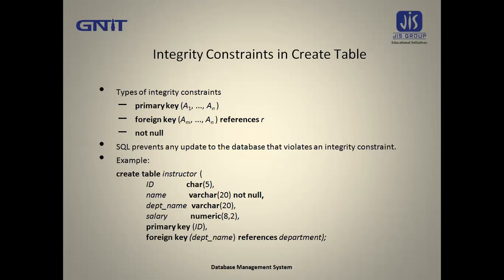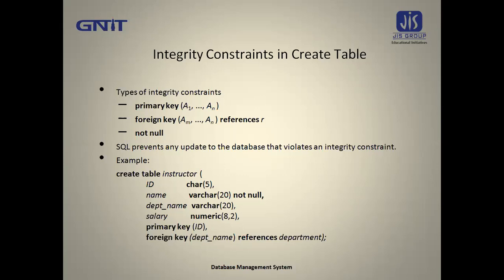I hope you haven't forgotten what primary key and foreign key are; we spent a lot of time on this in the last lecture. Primary key ID means ID can be used to uniquely locate any particular tuple in the relation.